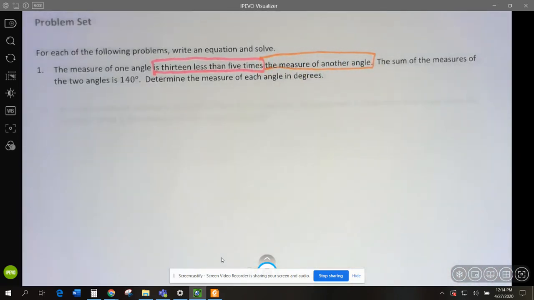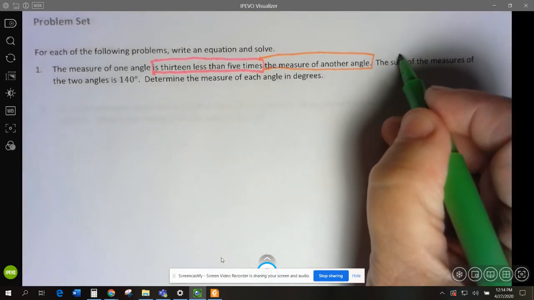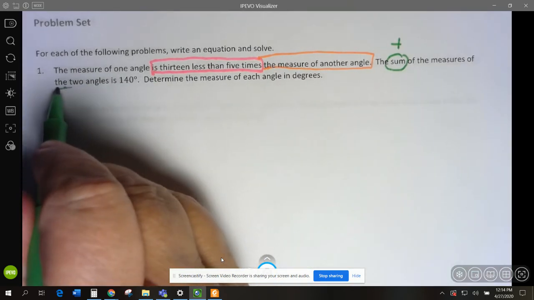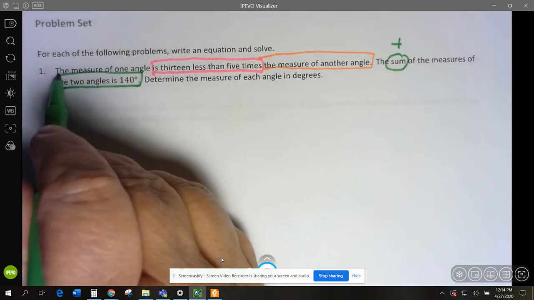Then it says the sum, which means to add, of the measures of the two angles is 140 degrees.